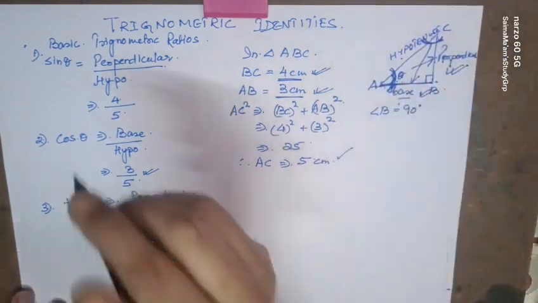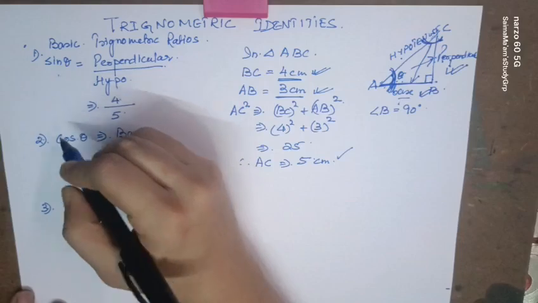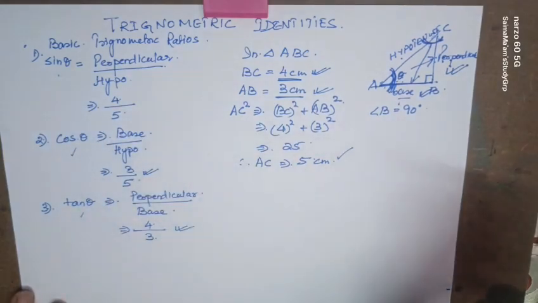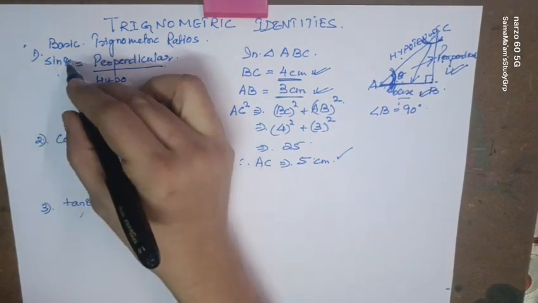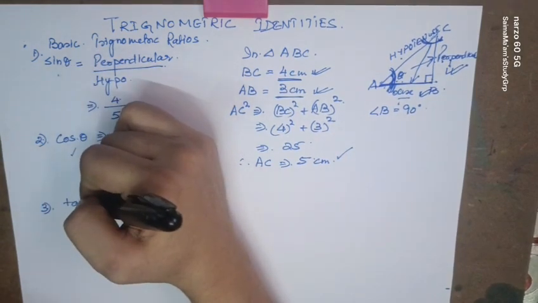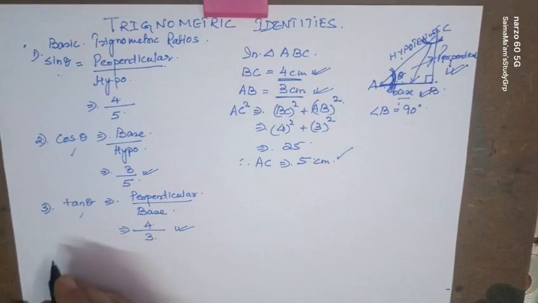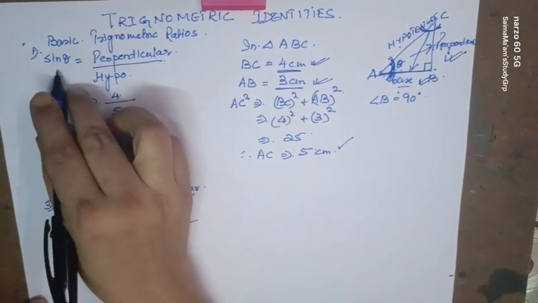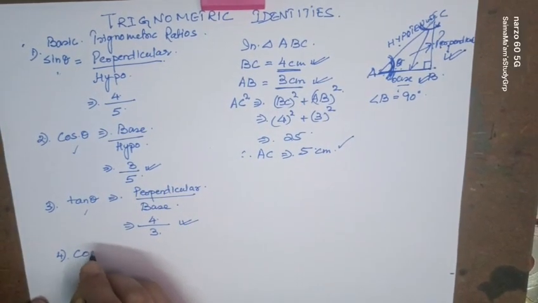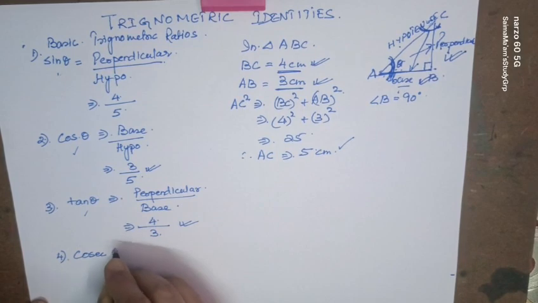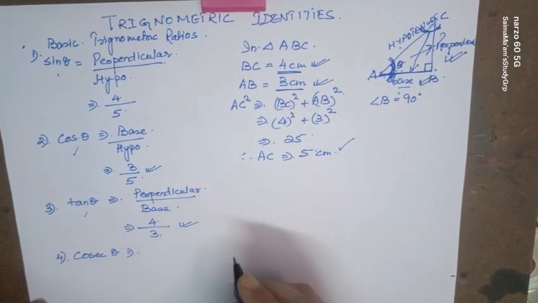Now, we have calculated the value of sine theta, cos theta and tan theta. Then we have the inverse of these ratios. The inverse of sine theta is called cosec theta.